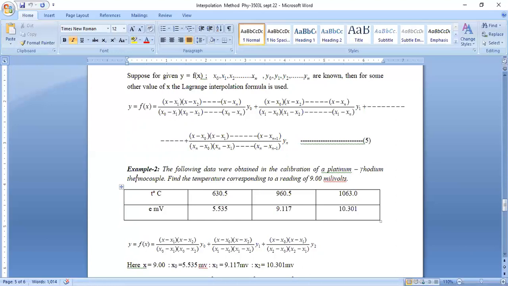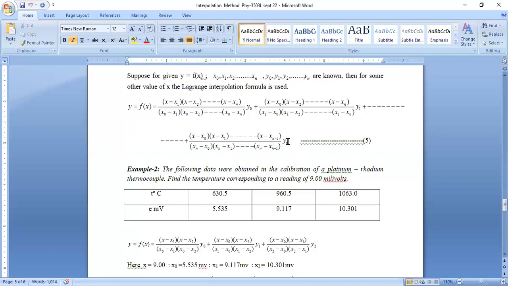So you see, I wrote this formula. The first term is Y0, and what is its coefficient? Because N is equal to 2, it will be X minus X1, X minus X2, and in the denominator X0 minus X1, X0 minus X2. Then for Y1, the coefficient is X minus X0, X minus X2 divided by X1 minus X0, X1 minus X2.